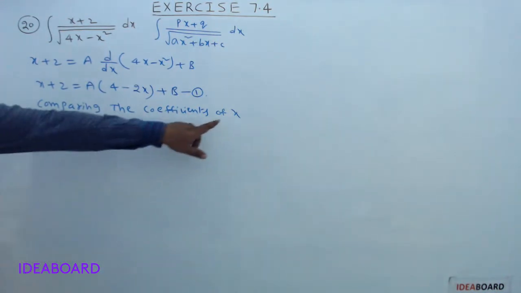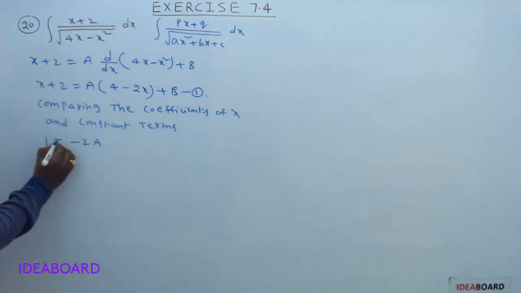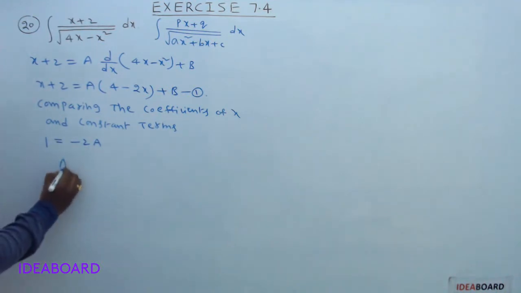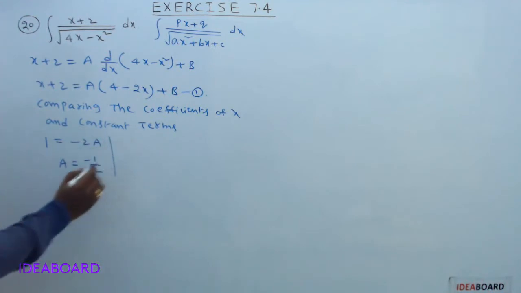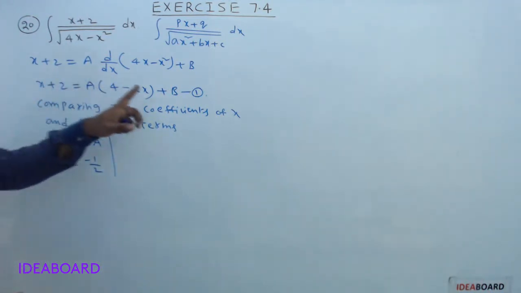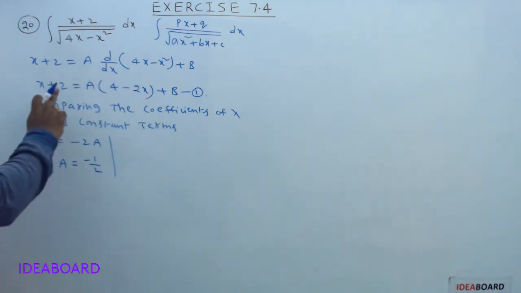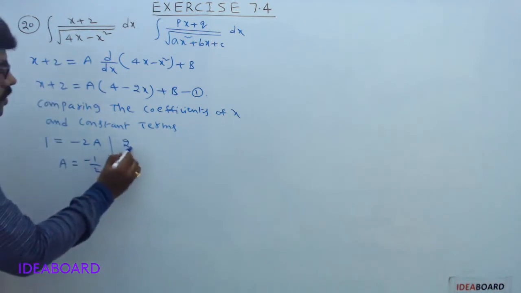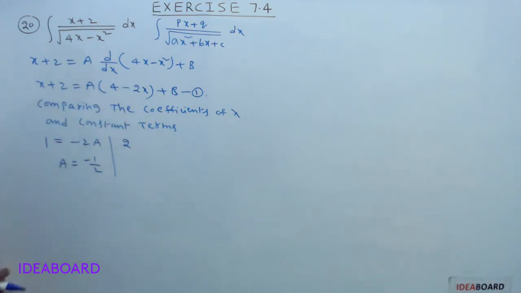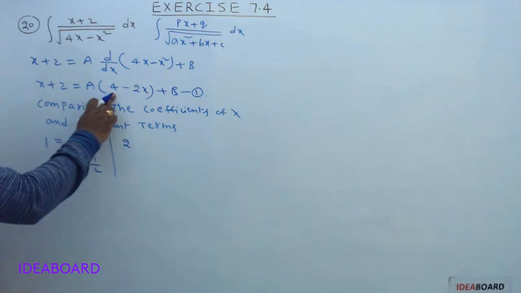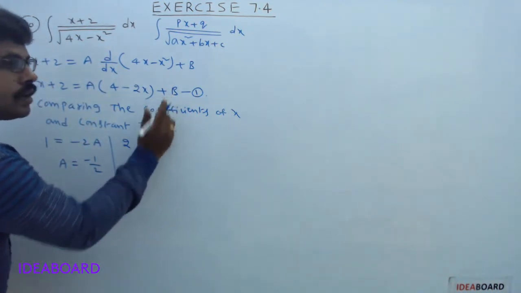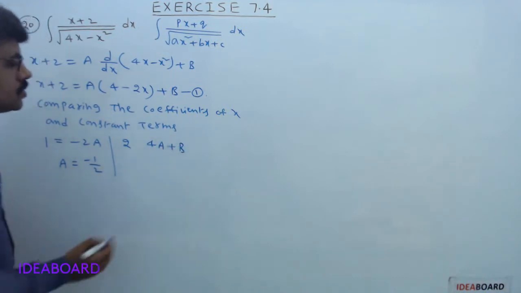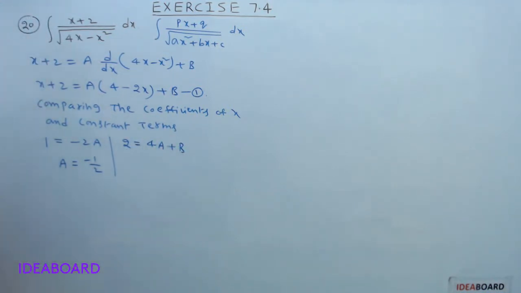So, by comparing the coefficients of x, you are getting 1 equal to minus 2a, therefore a value is minus 1 by 2. Then comparing the constant terms on both sides. In the left hand side, constant term is 2. In the right hand side, constant term is 4 multiplied with a, that is 4a, plus b. So 2 equal to 4a plus b.